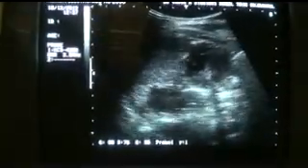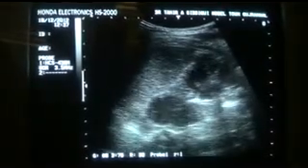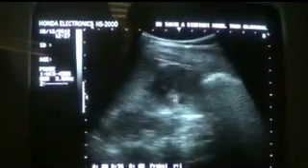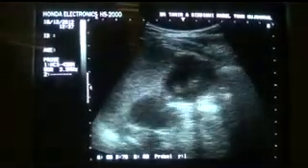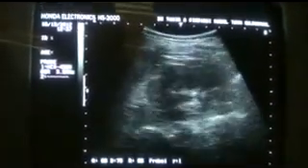So this is a case of acute focal pyelonephritis with abscess formation or lobar nephronia, along with an echogenic area in the renal pelvic region, that is a calculus.